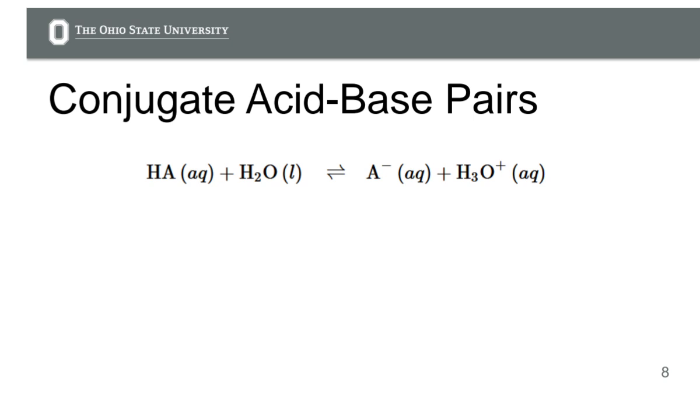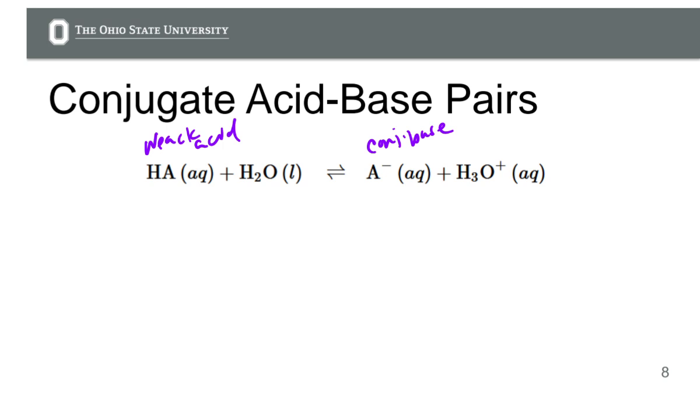And so I think it simplifies things, at least it does for me. So this is our reaction of a weak acid with water to form its conjugate base, A-, and H3O+, the hydronium ion.